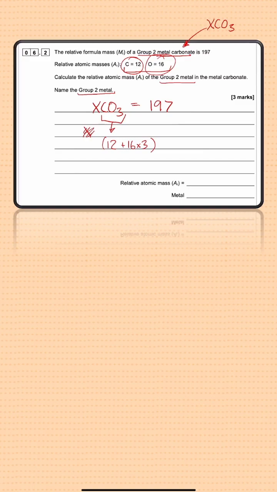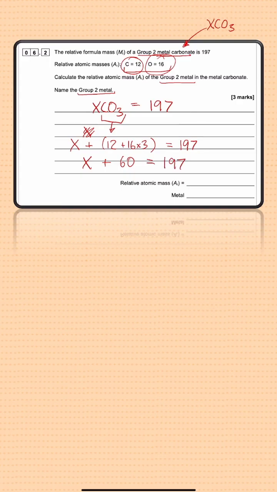So we know that whatever X is, we don't know what element that is, but that plus all of this should equal 197. So if you get your calculator out, work out what this whole bracket is. So you do 12 plus 16 times 3, you should get 60 for this. Yep, someone said 60. That's fine. That's not the final answer then. So we know that one element, X plus 60, gives you an RFM of 197.